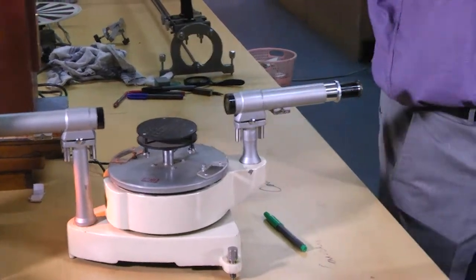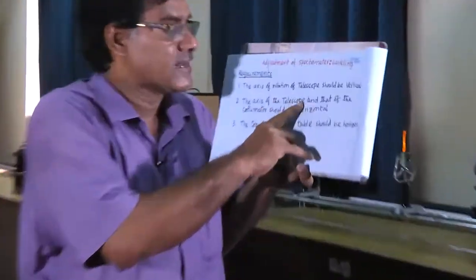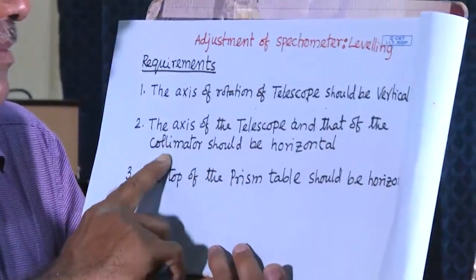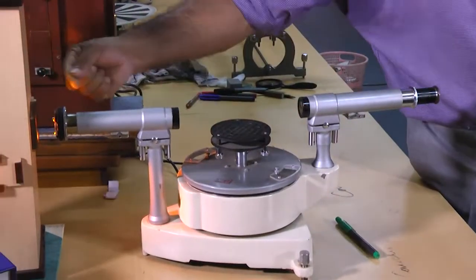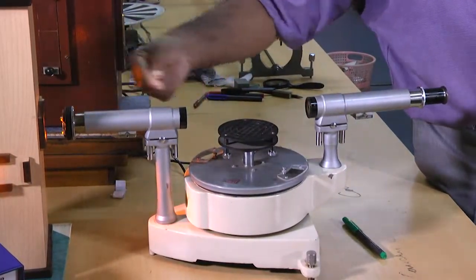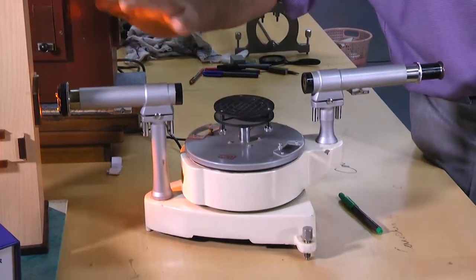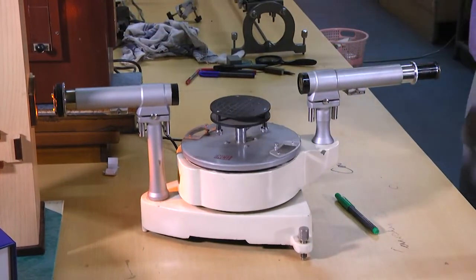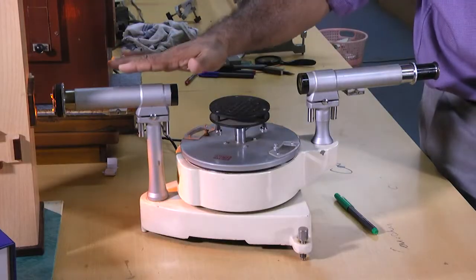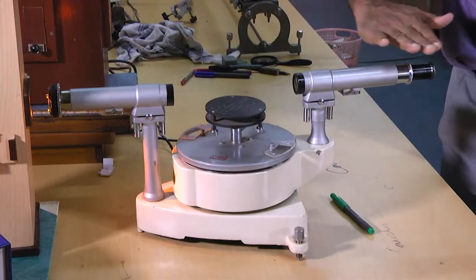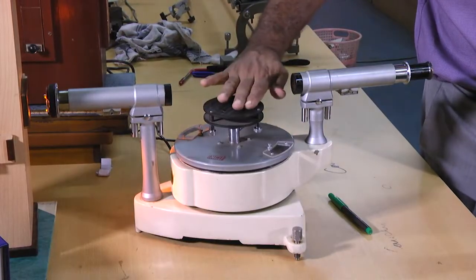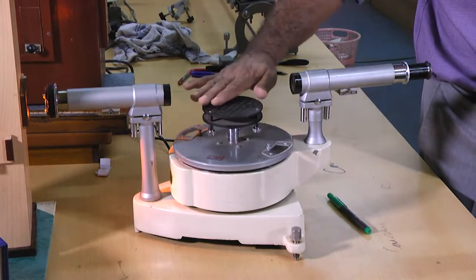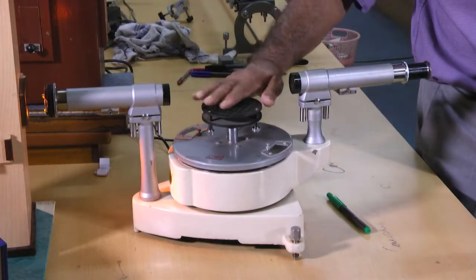Then the axes of the telescope and the collimator should be horizontal, and the top surface of the prism table has to be horizontal.